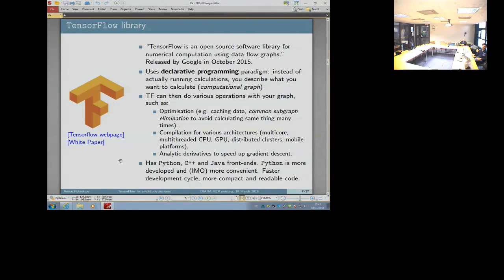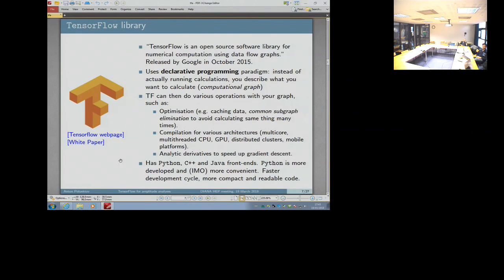And then TensorFlow inside can deal with this computational graph to compile the code for some specific calculation backend, and while dealing with it, it can do some optimizations. For instance, it can identify which data should be cached, to avoid some common calculation repeating multiple times. Or it can compile for various architectures like multi-core, multi-threaded CPUs, GPUs, clusters, and so on.